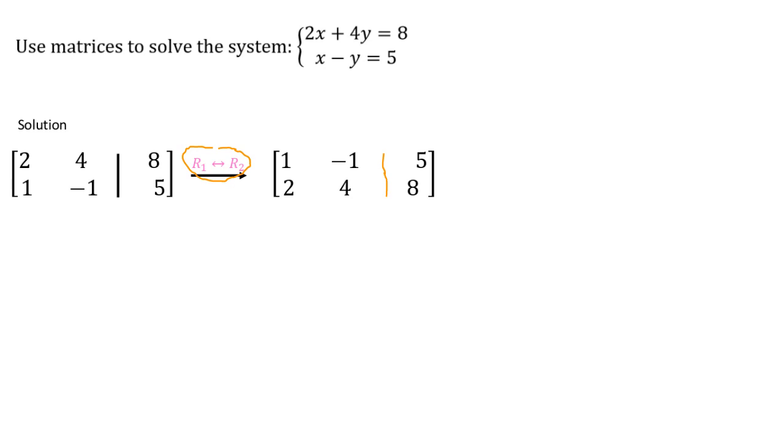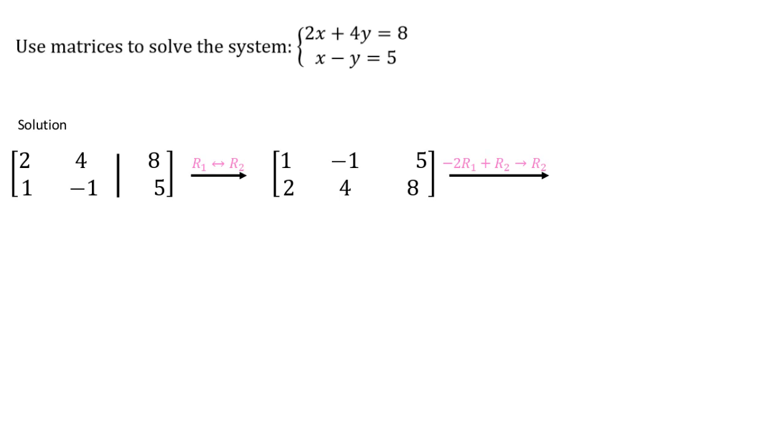Okay. Now the next thing that I want is, since I have a 1 here, now I want a 0 here. So what I'm going to do is multiply a negative 2 to row 1. I want to multiply by negative 2 so that when I add these two rows together, I cancel out the 2. What is opposite of 2 is a negative 2.